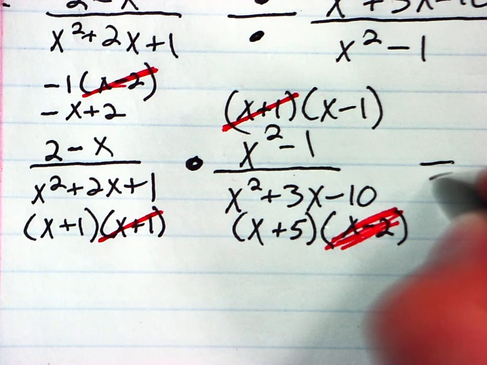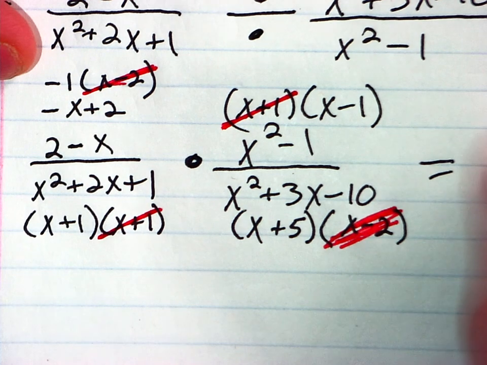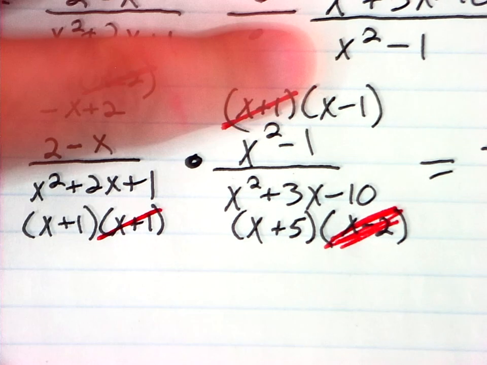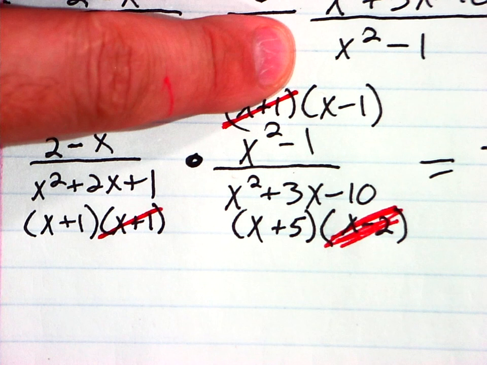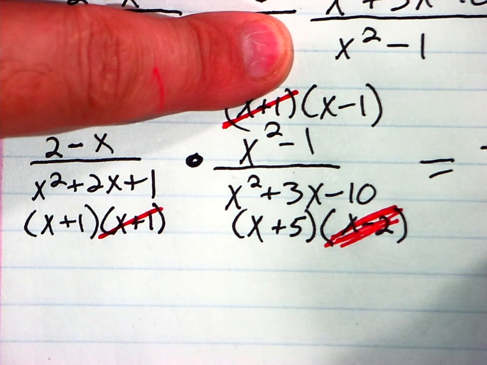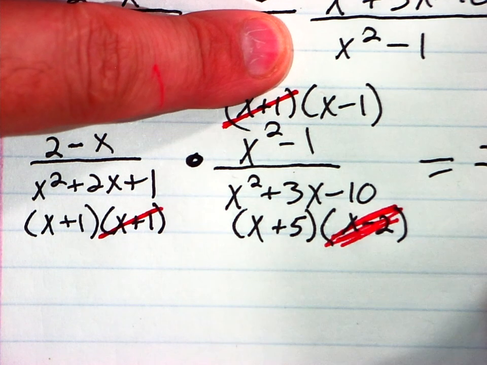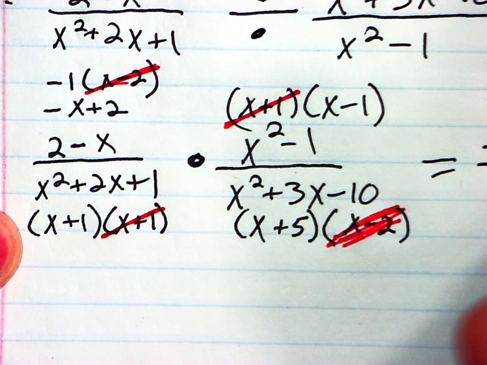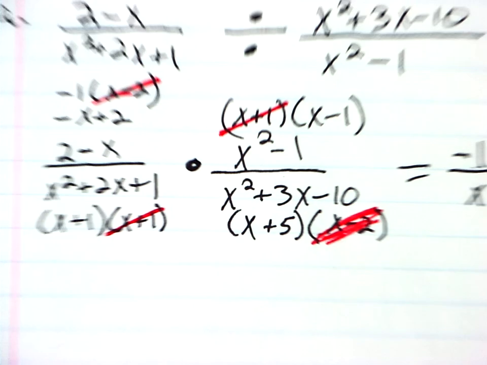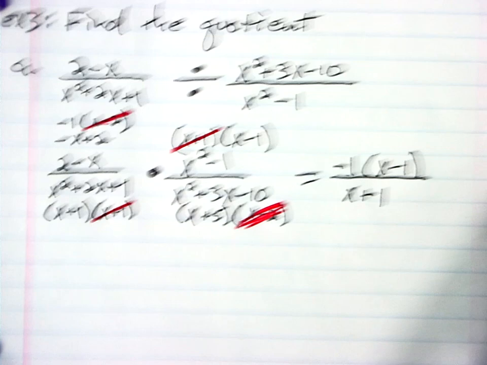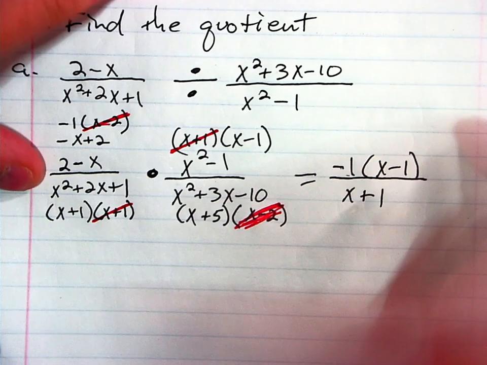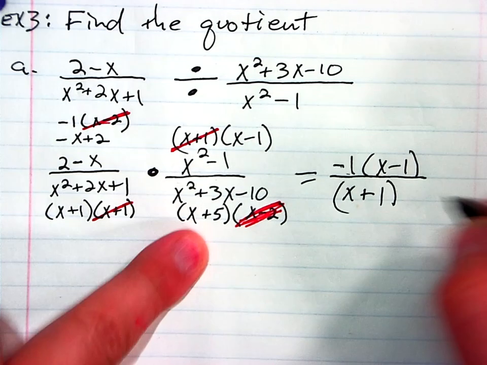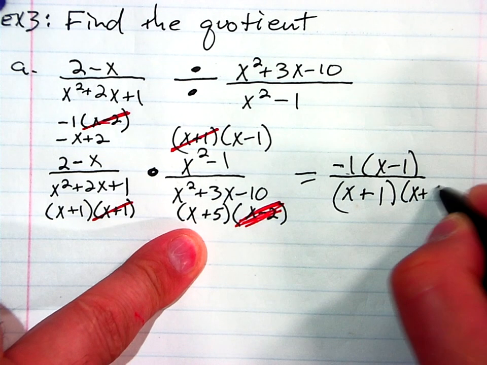So what is left on the top left is just negative 1. On the top right, x minus 1. On the bottom left, x plus 1 is left right there. x plus 5 is left there.